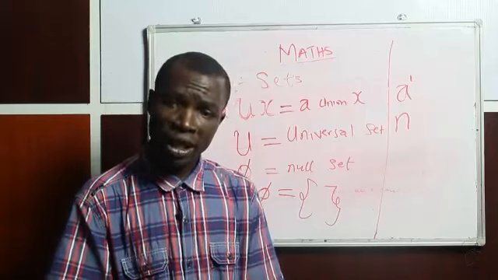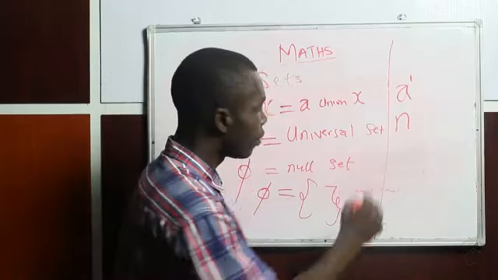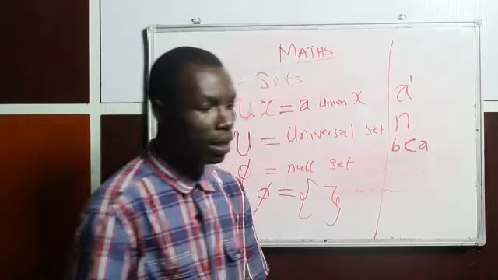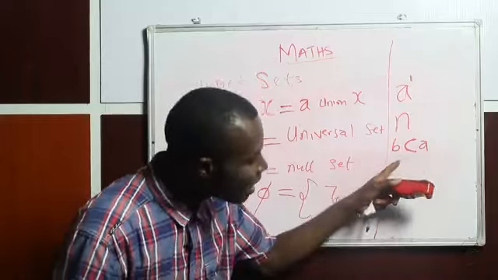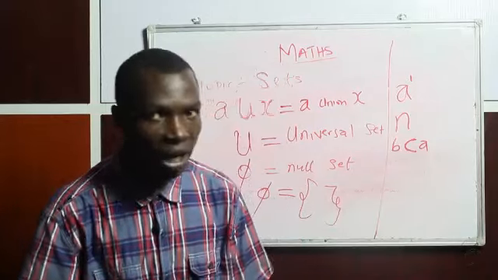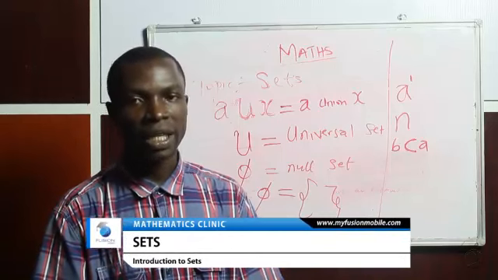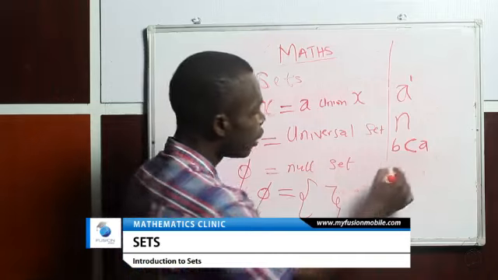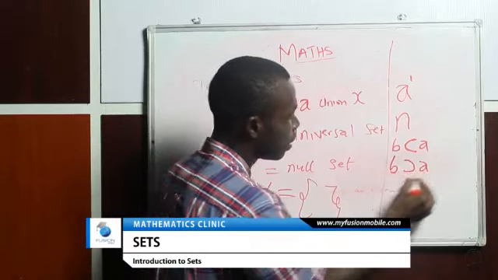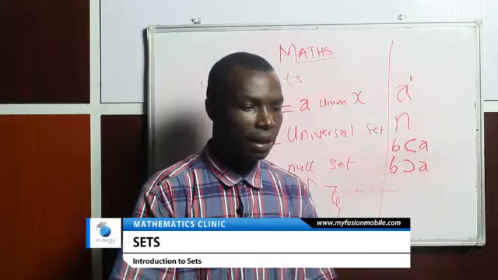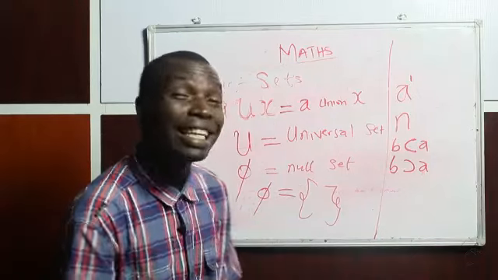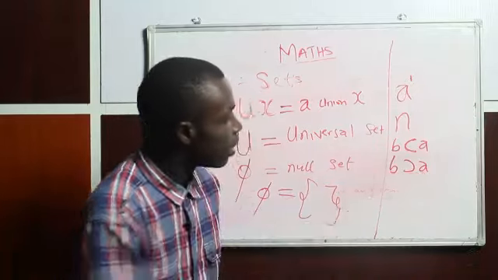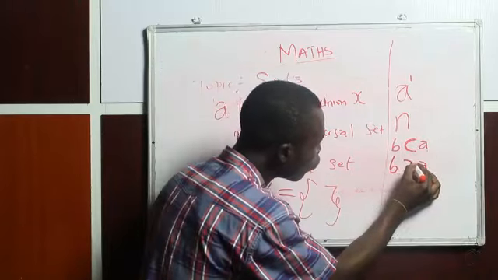Also, we have other symbols. For example, where you have B with this symbol, it means B is a subset of A. If you have B like this, it means B is a superset of A. So we have what is called subset and we have what is called superset.